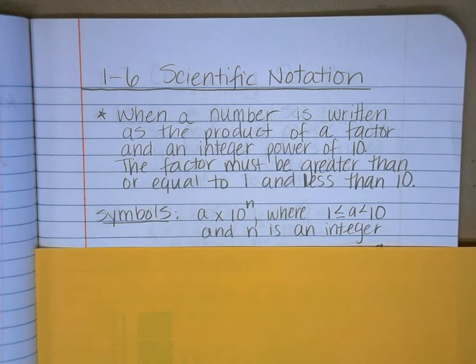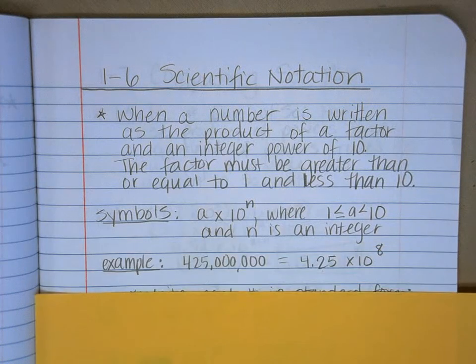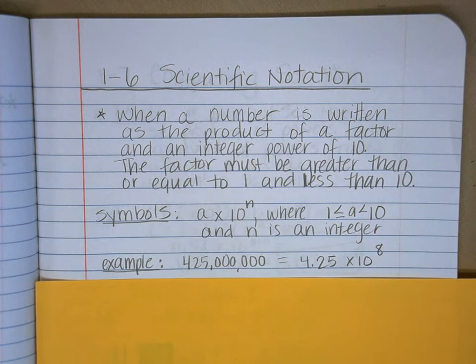And an example would be that. My salary, $425 million. Yeah. No, it's not. Wait, is it? So that means $1 million. No, I mean, that's over here.